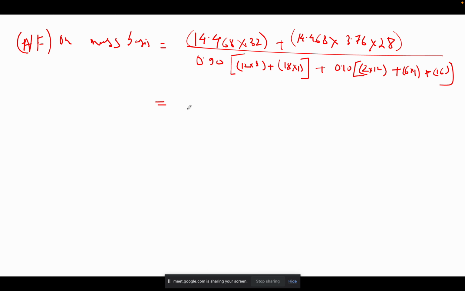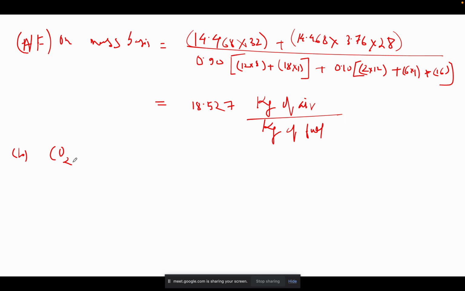Okay, put all these values you will get 18.527 kg of air per kg of fuel.